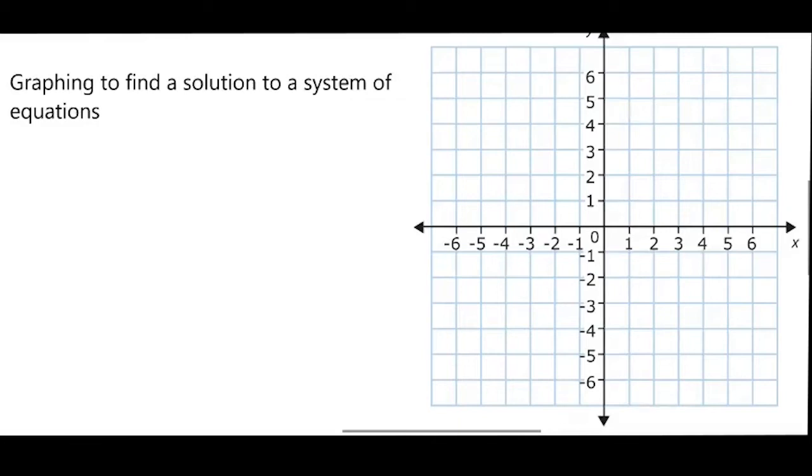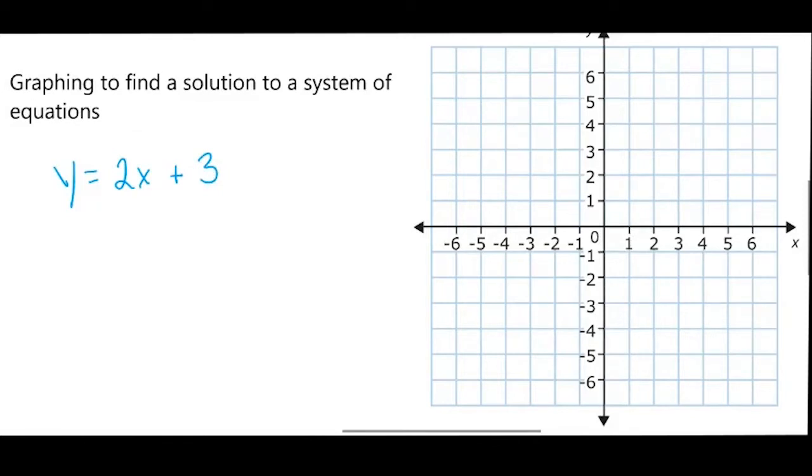Hey guys, today we're going to be graphing to find a solution to a system of equations. Let's say I have y equals 2x plus 3.